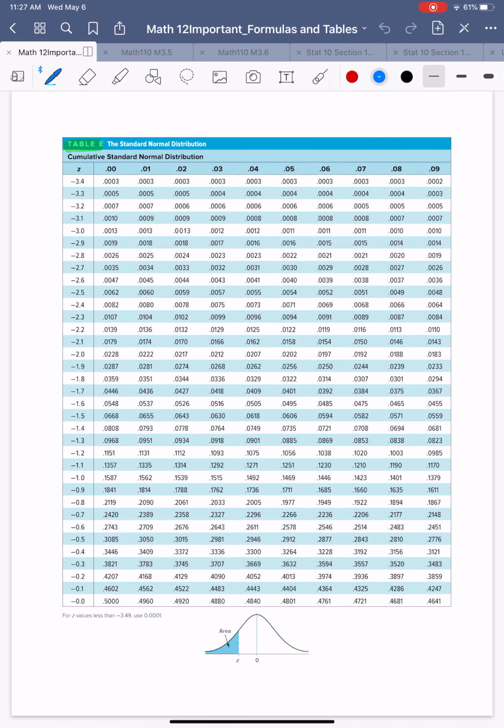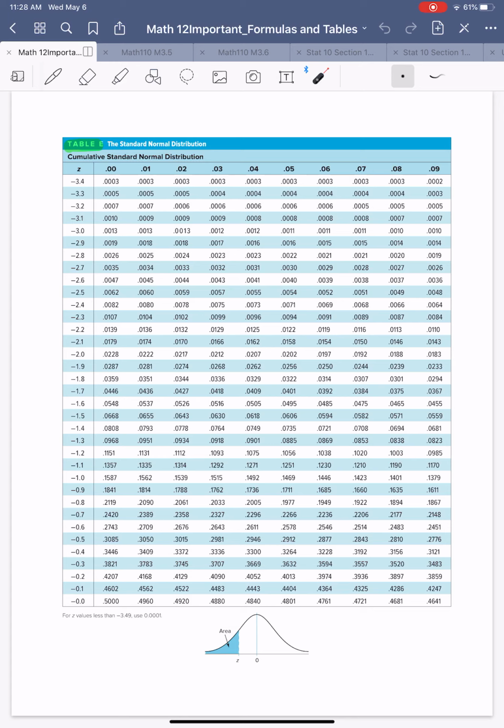So we need to go to the z-score table, and I'm looking for the area of 0.10. I need to find the closest possible value. I think this is actually close to 0.10, because this one is a little less than 0.10 and this one is a little more. Yeah, this is close enough.